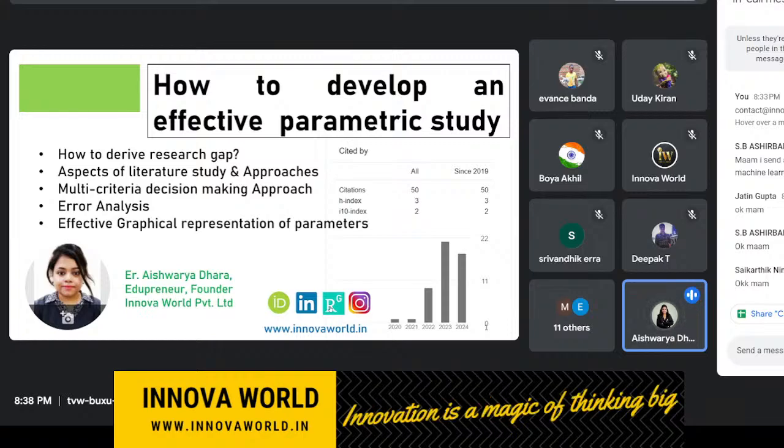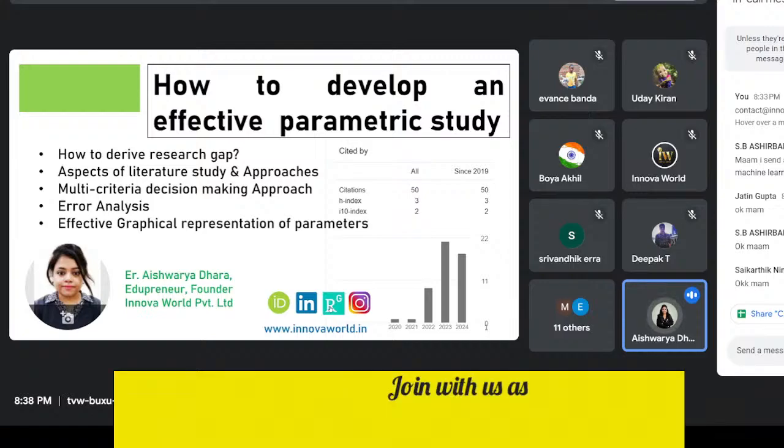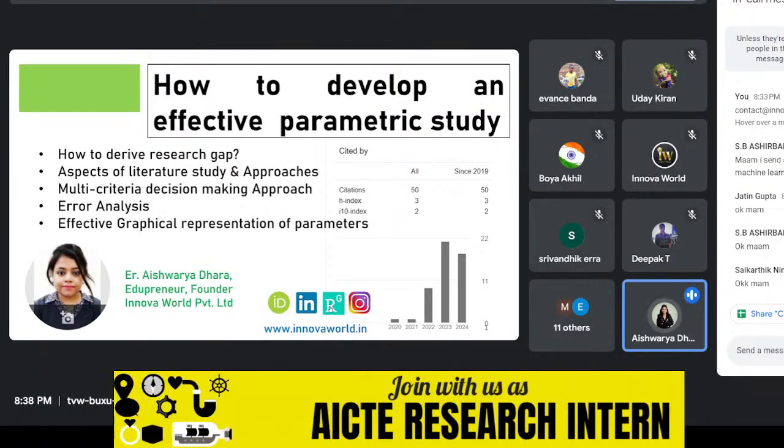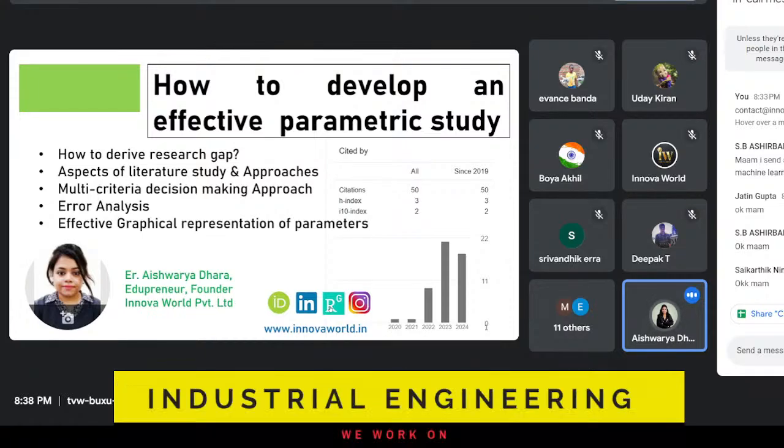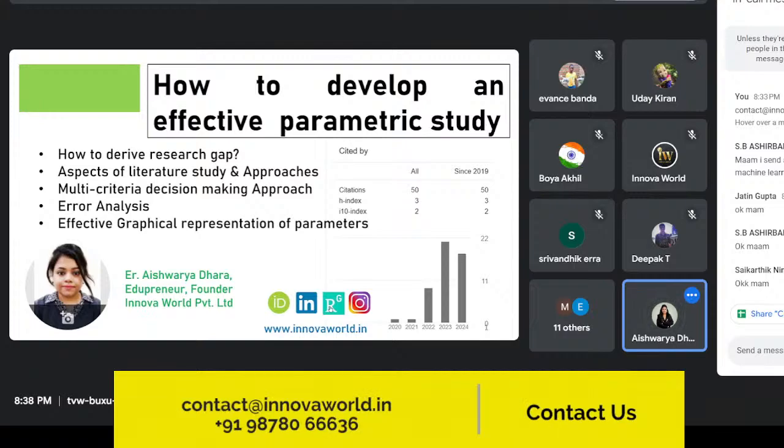I hope this session was useful for you all, and you have learned how to develop this research gap.